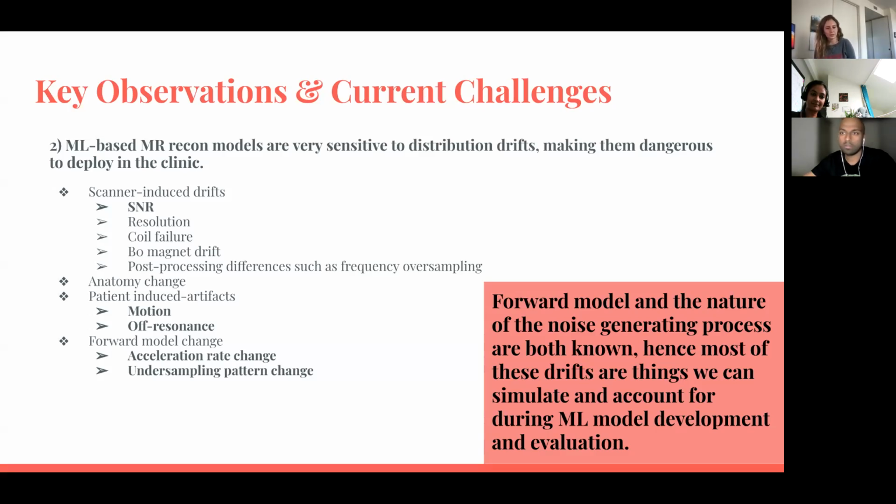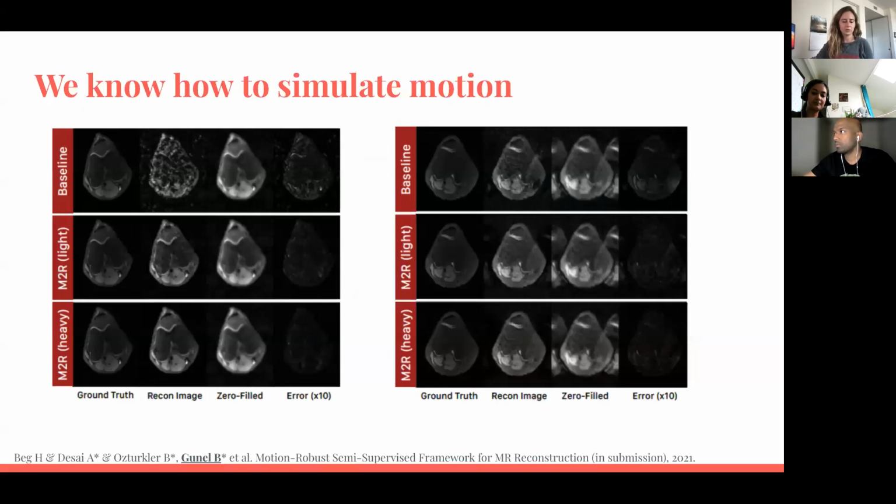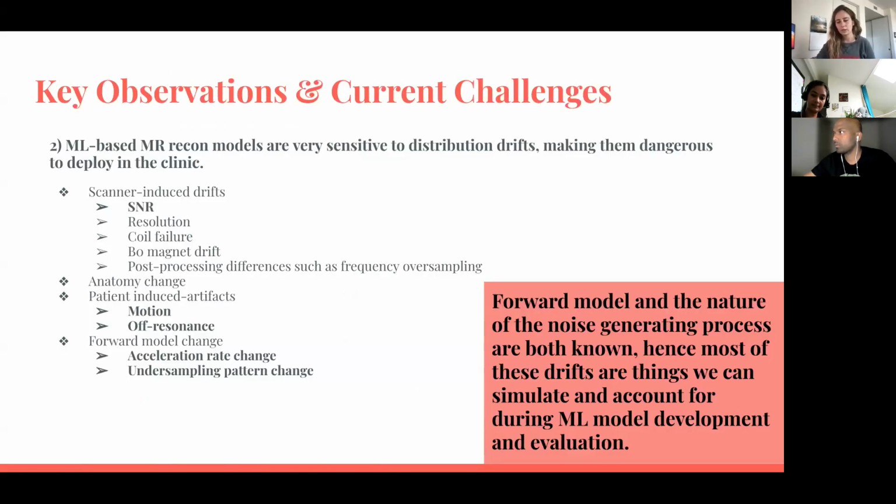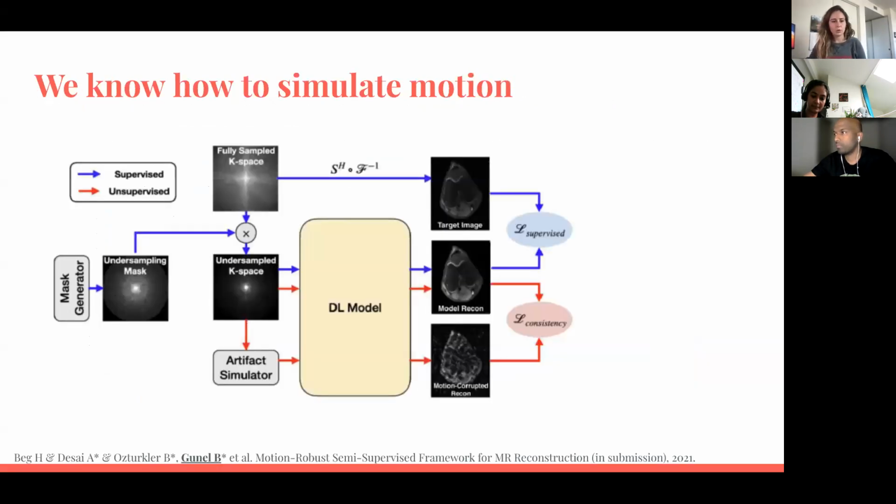But for certain things like motion, I showed an example where we're robust to motion. That's one example of distribution drifts. What this motion model is based on was an extension of what Arjun and Batu worked on for different SNR changes, so different noise levels. That was another thing that we looked into.